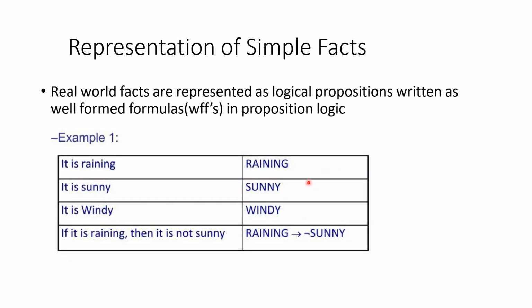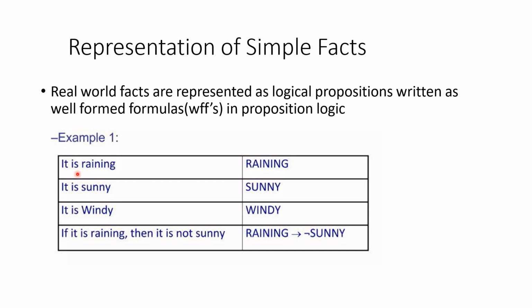Then we will discuss representation of simple facts. So here we will see how real world facts are represented inside a computer using propositional logic. Real world facts are represented as logic propositions written as well-formed formulas, that is WFF, in propositional logic.